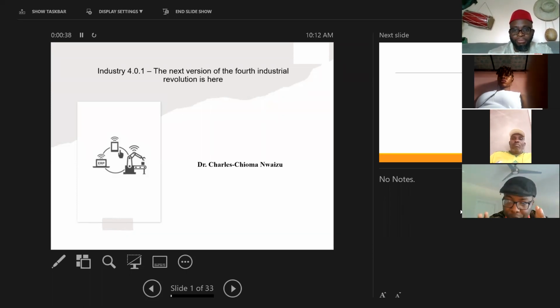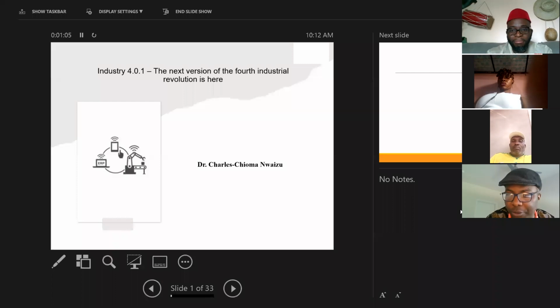Some people already tag this Industry 5.0. But for me, I think it's still an aspect of Industry 4, and that is why I put it 0.1. But people are already working on this. The question you should ask yourself: are you ready? Do you even know that we are moving away from Industry 4.0? So we'll be discussing that today.